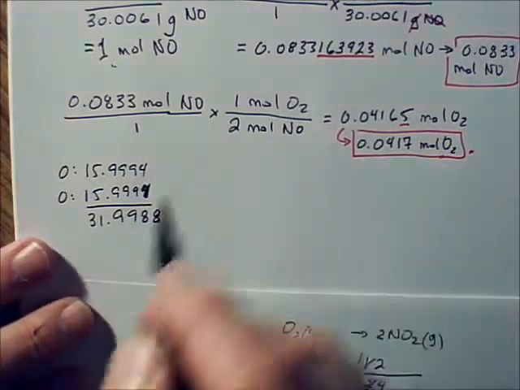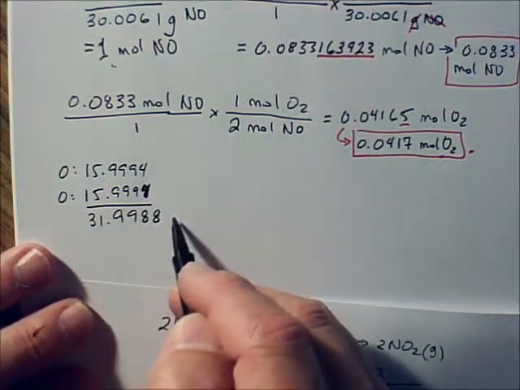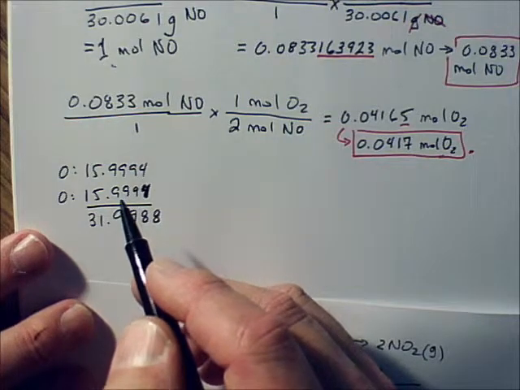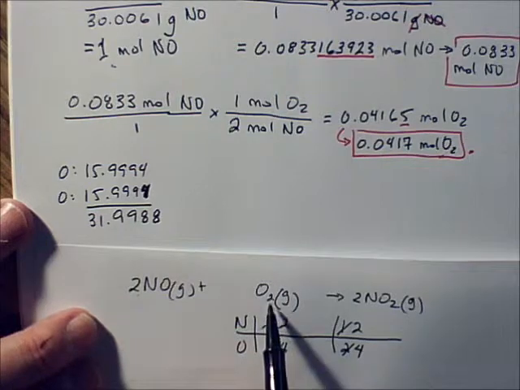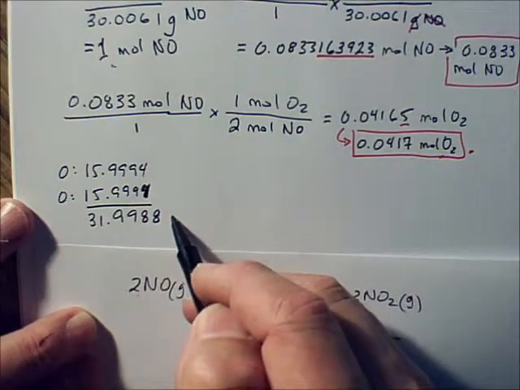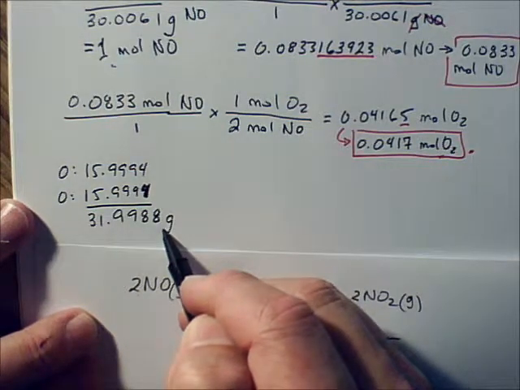Okay, so we don't have to round anything off here. And by definition, molar mass is the sum of all the atomic masses of all the atoms in the species, written in units of grams.